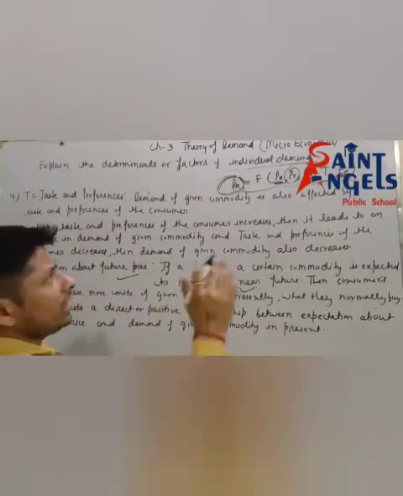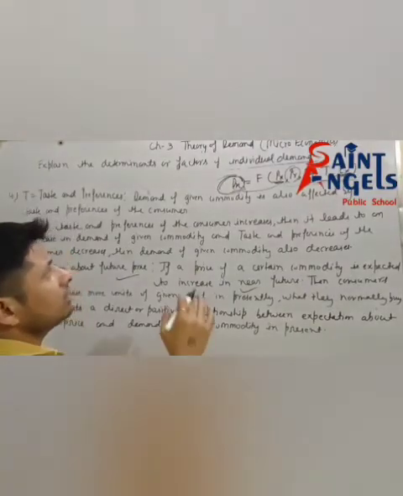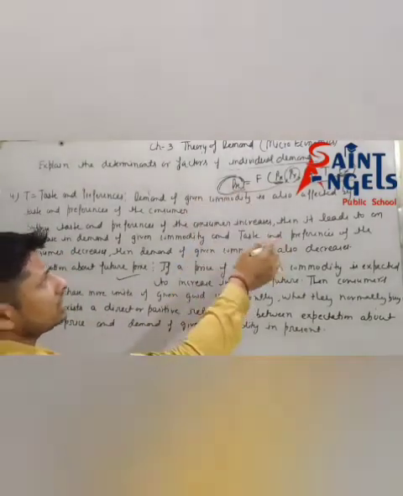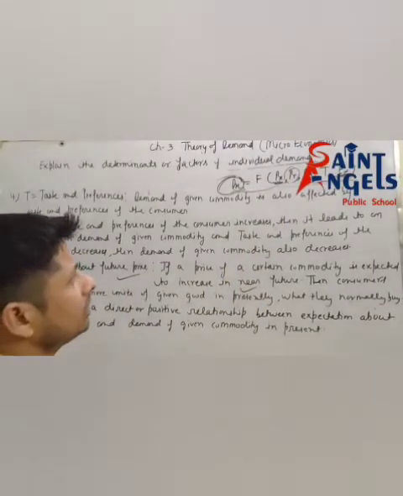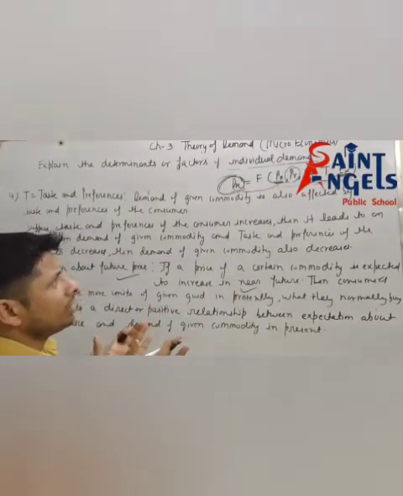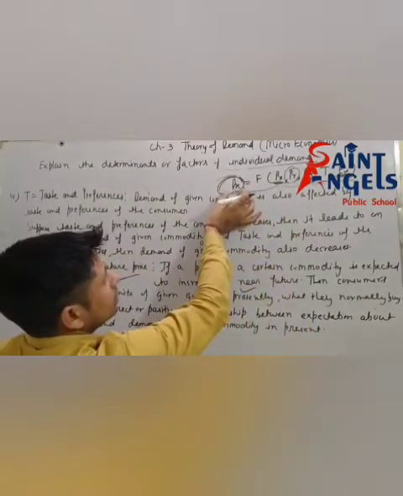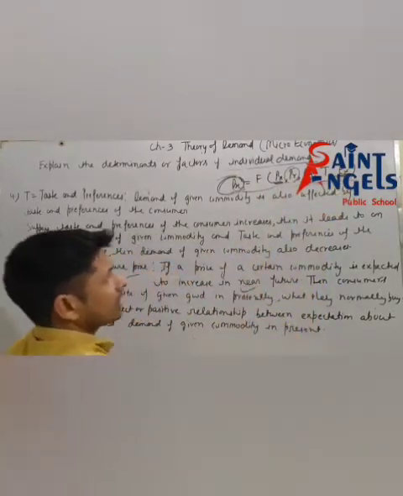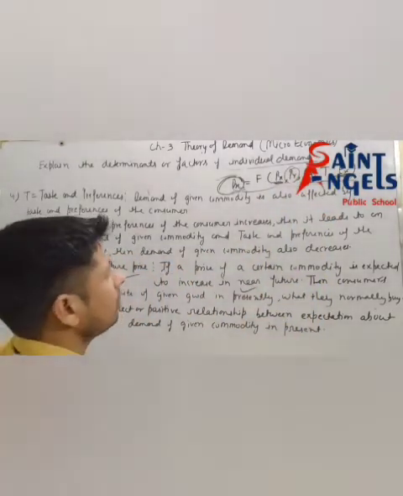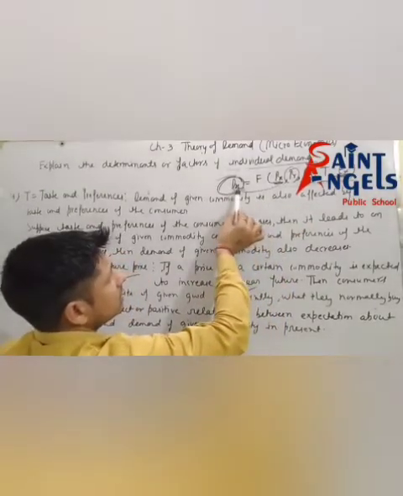Now there are eight factors which will affect market demand. But see, again I am repeating the relationship between the individual demand of given commodity and these factors. First of all, see, this is Px and this is Dx.